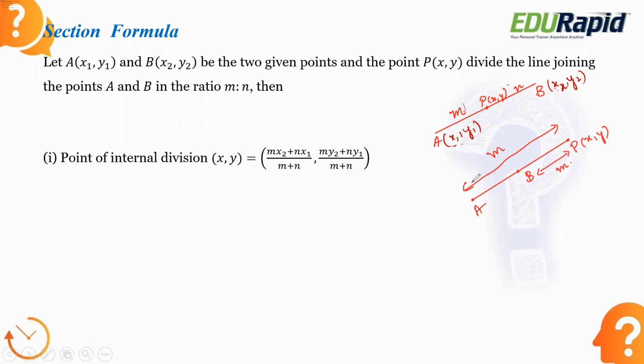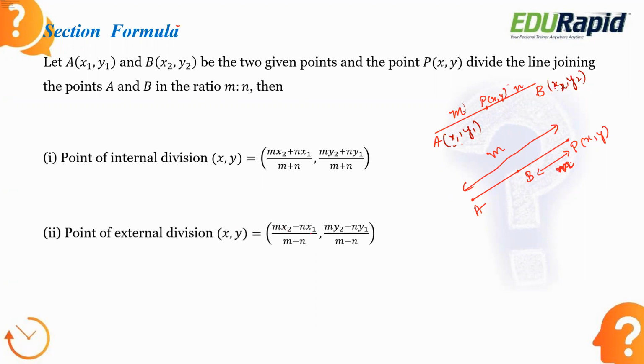The ratio is taken as m is to n here. In such a case, the formula doesn't change, only the sign changes. So the formula would be mx2 minus nx1 by m minus n, my2 minus ny1 by m minus n. Okay, only the sign changes. So this is for internal division and this is for external division.